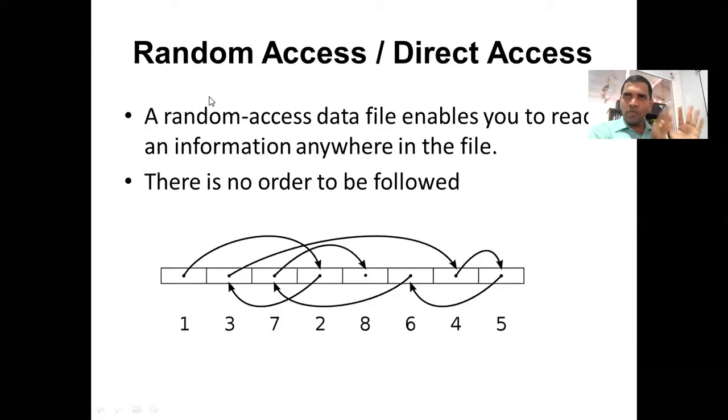That is possible. Even after reading the 100 record, you may come to the 50th directly and read it. There is no order to be followed. After reading the 50th, you may go to the 900 record and read it. That is possible. So it is random, right? So you don't follow any order, which means you are accessing them directly. That is called direct access. Okay, so look here, a random access data file enables you to read information anywhere in the file, right?